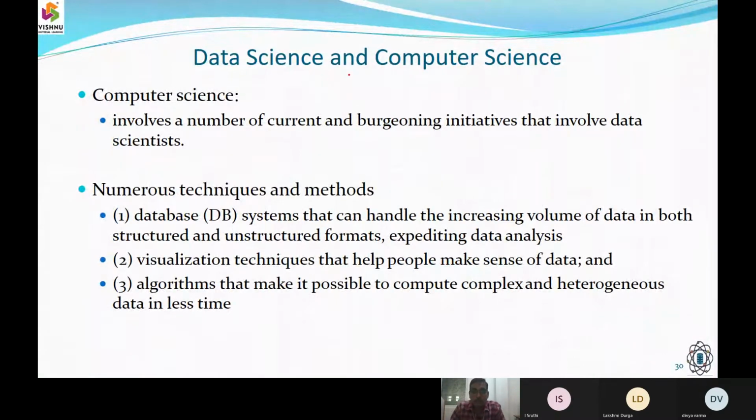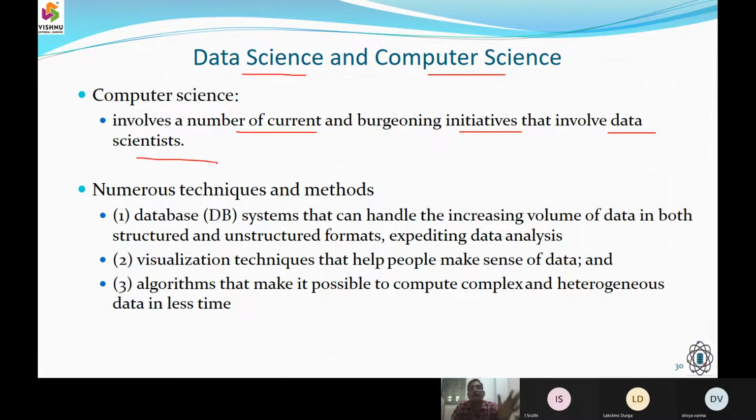Now there are two more buzzwords which need to be understood at this point of time. That is data science, and that is computer science. Computer science involves a number of current and initiating initiatives that involve the data scientist.